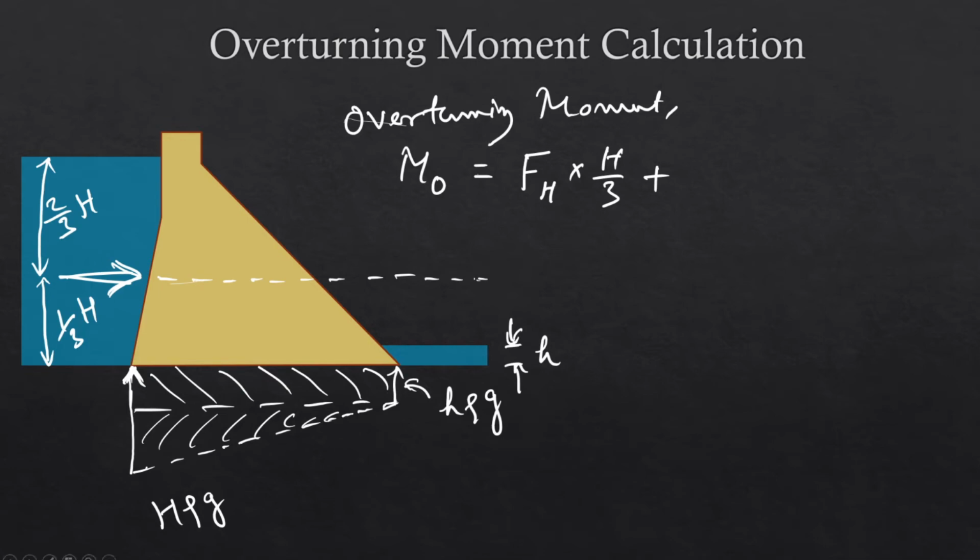I do not remember the centroidal distance formula for trapezoids, so I'll take the easy way, which is dividing it into a rectangle and a triangle.